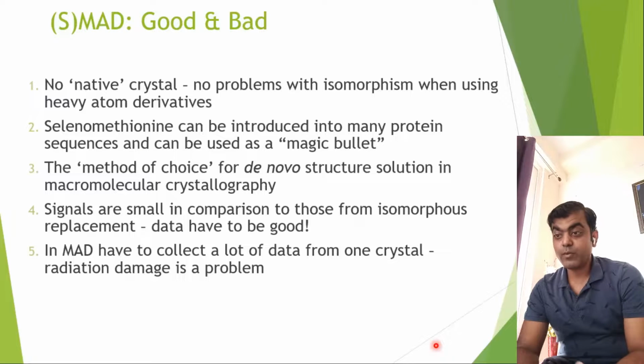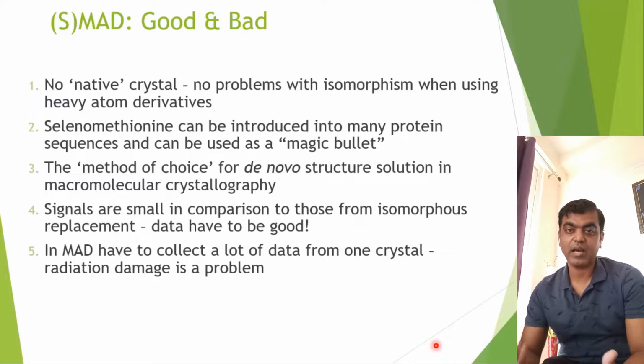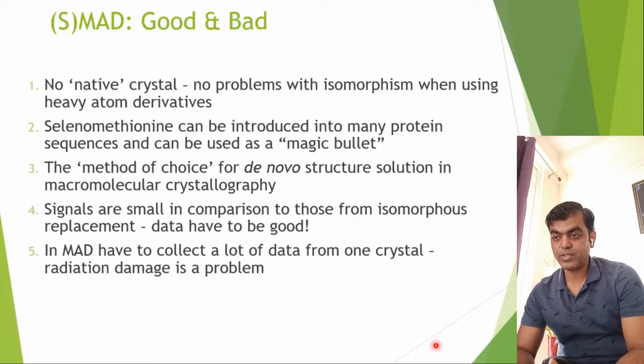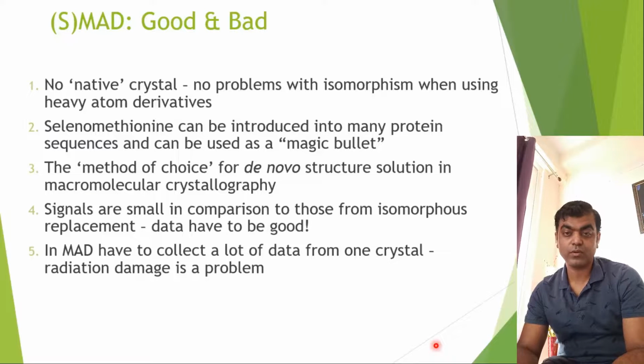Now selenomethionine is introduced in many proteins, as we saw in the protein sequences, and they can be used as magic bullets. Yes, because they are doing the job for you. These magic bullets will give you the information. It is the method of choice for de novo structure solution in macromolecular crystallography. When you are doing it for the first time, de novo, this is the method of choice which is widely practiced.